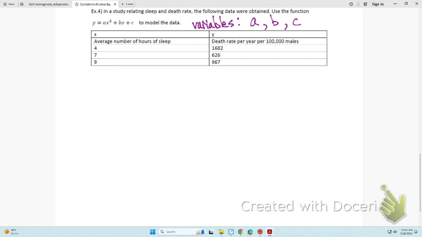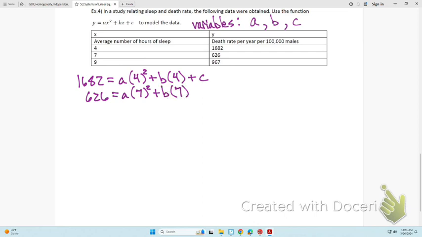That means I'm going to plug in 16, 82 for 4, 626 for 7, and 967 for 9.